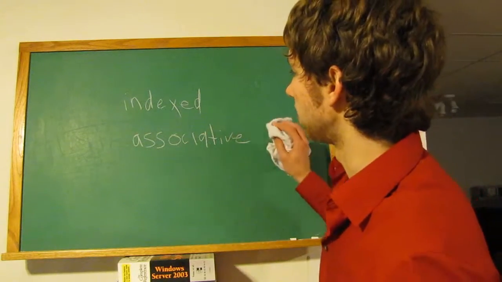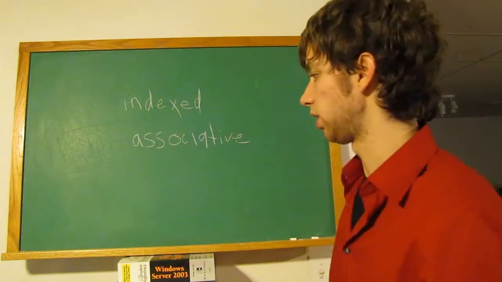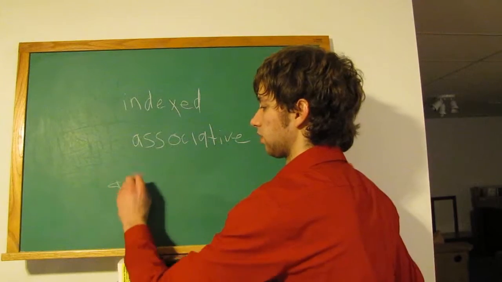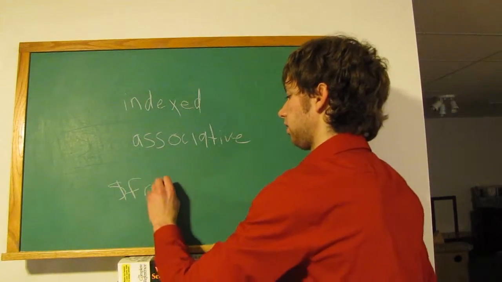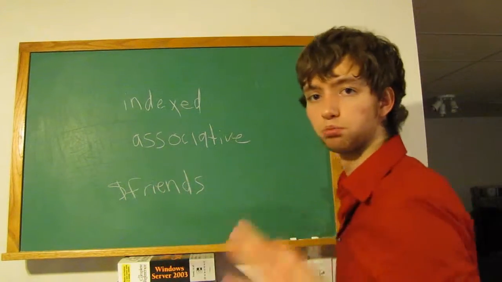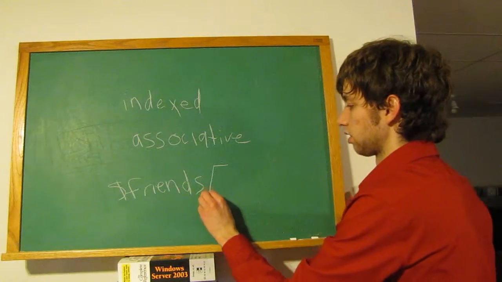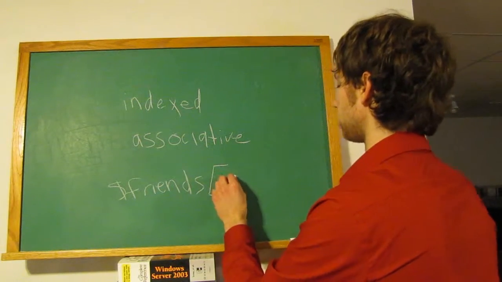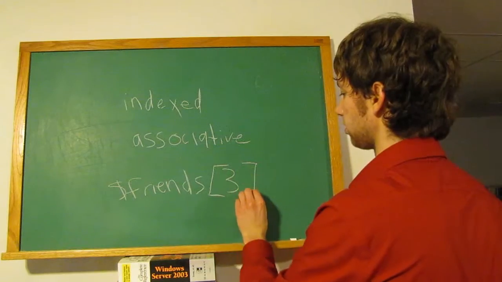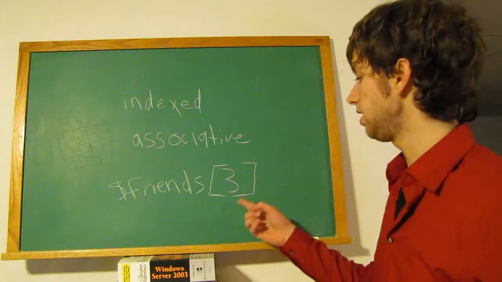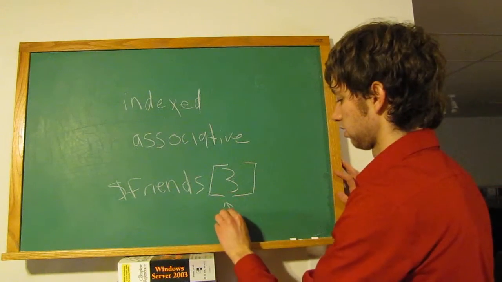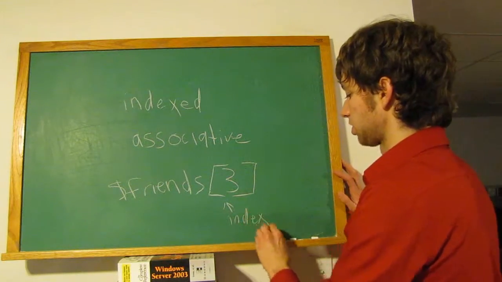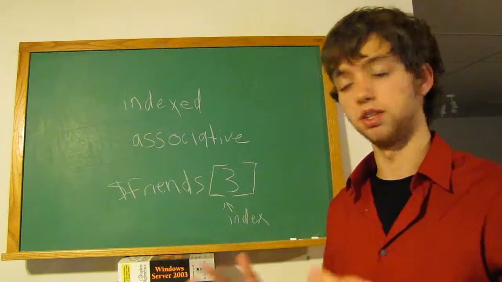Now, in an indexed array, we could have, for example, friends, and then within square brackets, we could have a number such as 3. Well, this is an index, which is a specific item within this array.